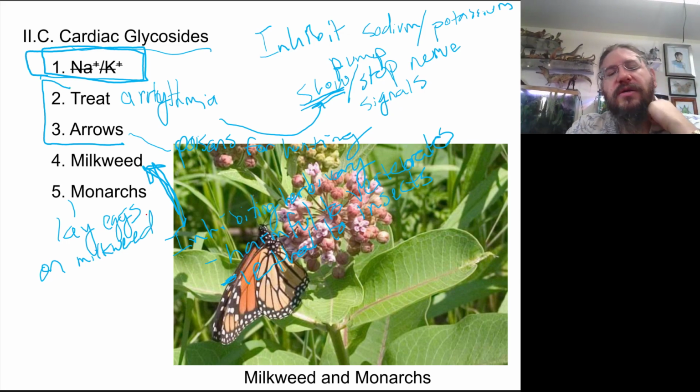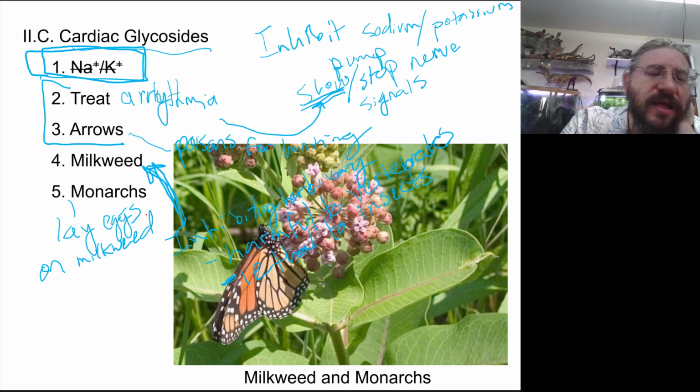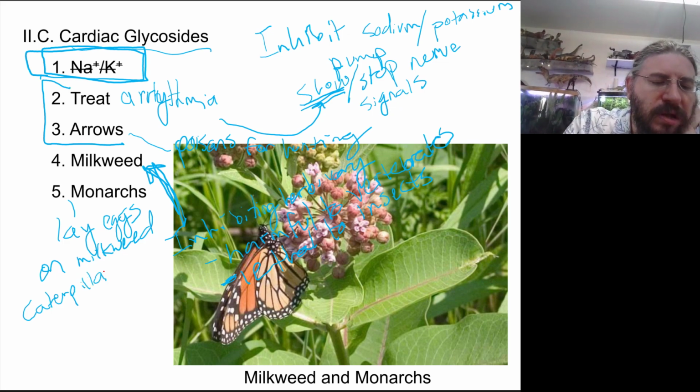And their caterpillars have evolved a resistance to cardiac glycosides. So the caterpillars are unaffected when they eat the cardiac glycosides.